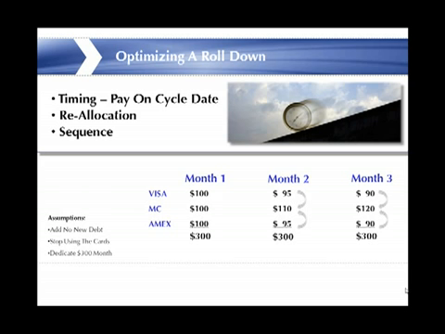Now, it's possible, therefore, for a credit card to have a small monthly payment, and even though the interest rate is lower, you could actually pay more interest over the long haul on that card than you would with one that has a higher interest rate. So it's not necessarily the one with the highest interest rate.